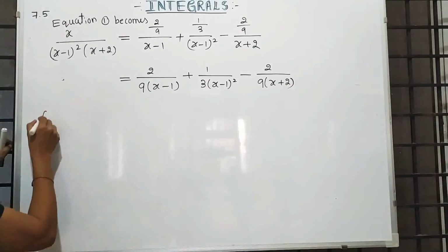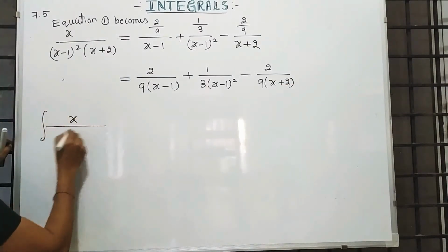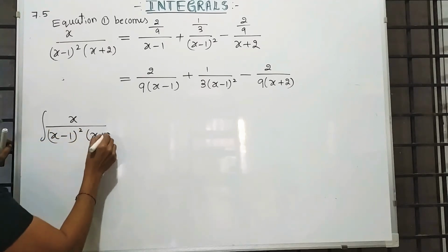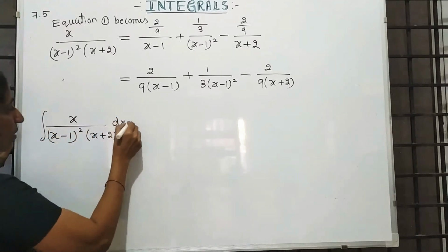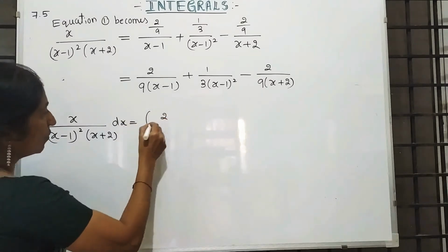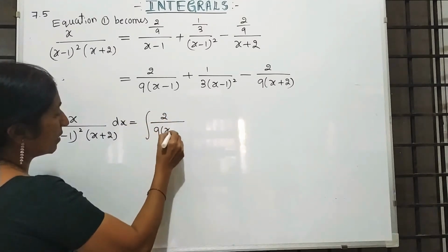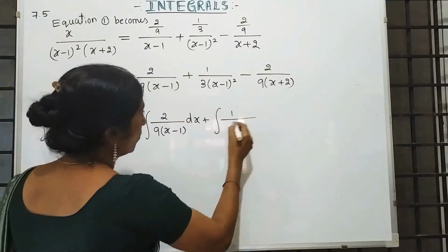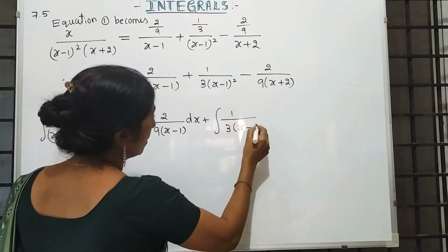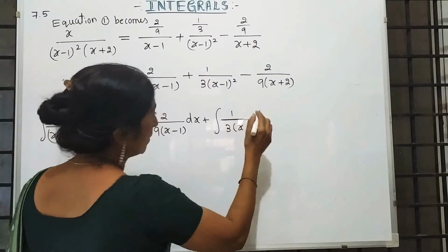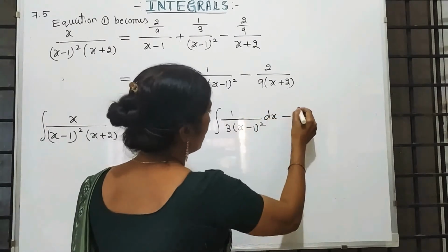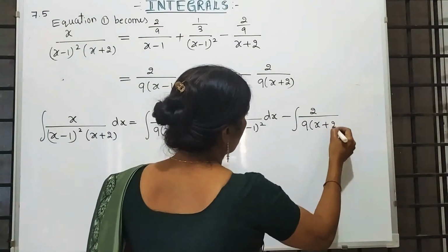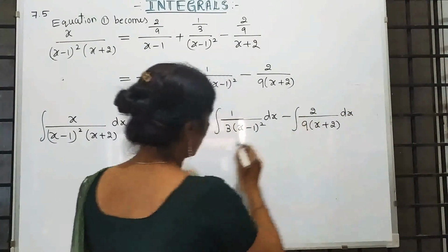Now integrating both the sides with respect to x. x upon x minus 1 whole square into x plus 2 dx is equal to 2 upon 9 x minus 1 into dx plus 1 upon 3 x minus 1 whole square into dx minus 2 upon 9 x plus 2 into dx.